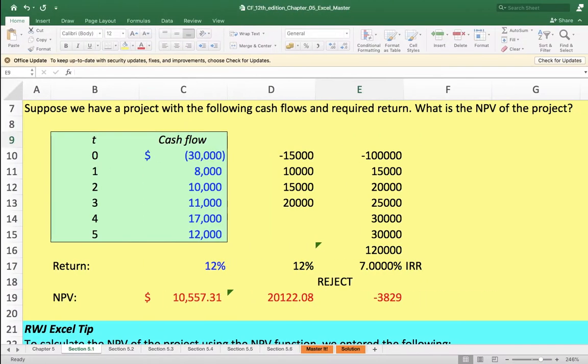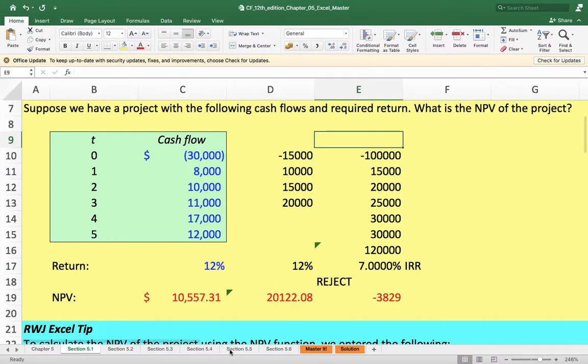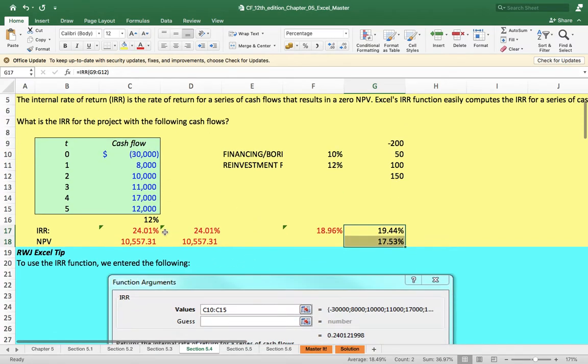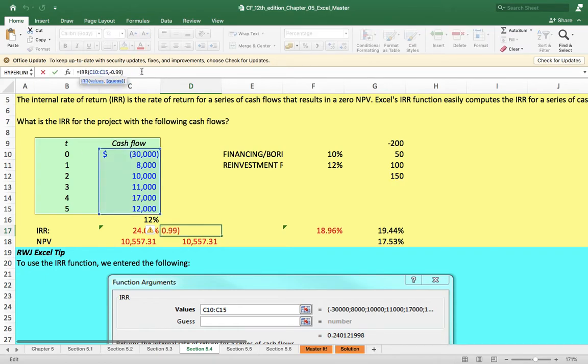We have seen here that if the 30,000 is the initial cash outflow, minus, then all cash inflows are positive, and there is only one IRR. 24 in two cases, one calculated without a guess, the second with a guess. Whatever guess I take, no matter, the same IRR will be there.